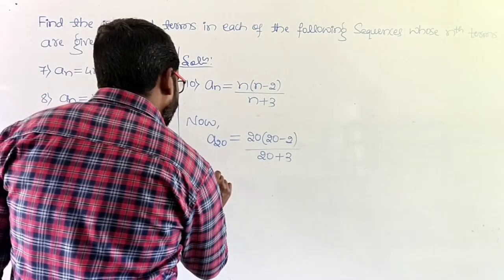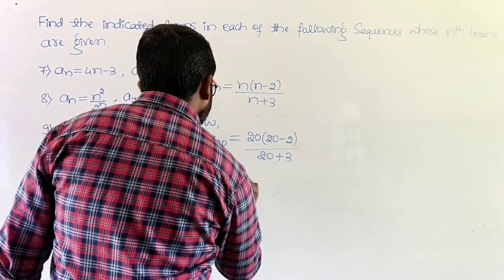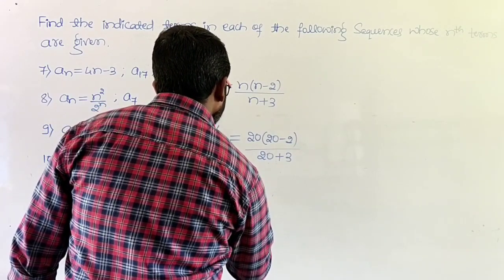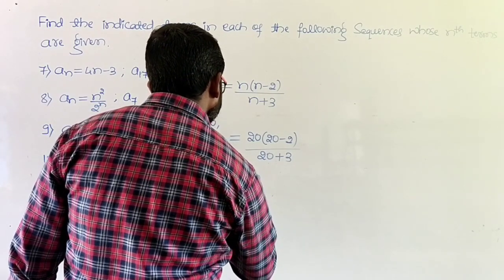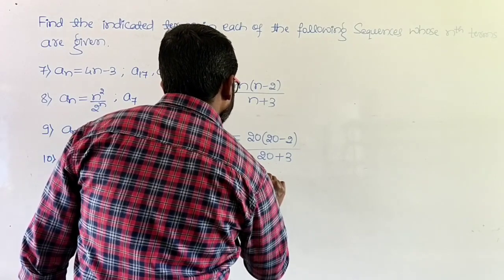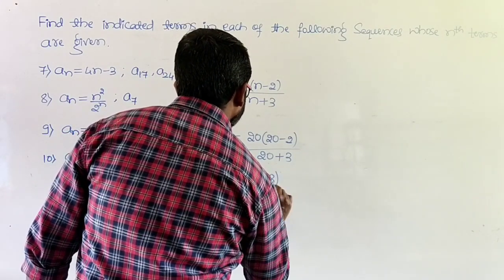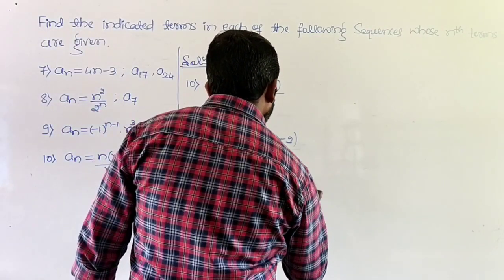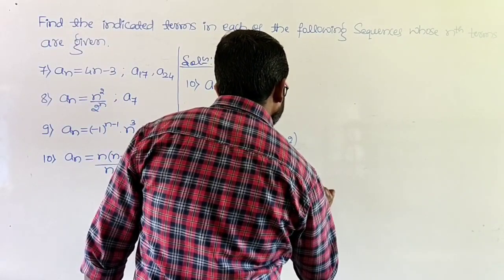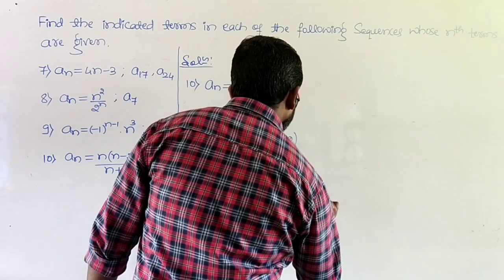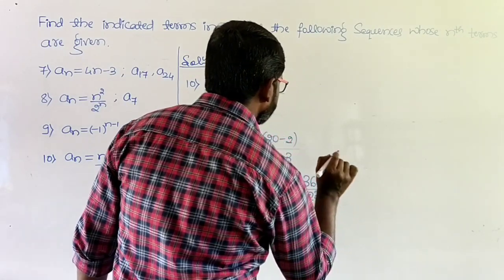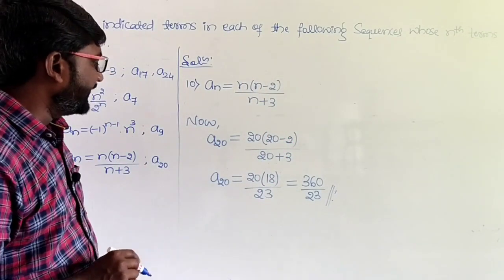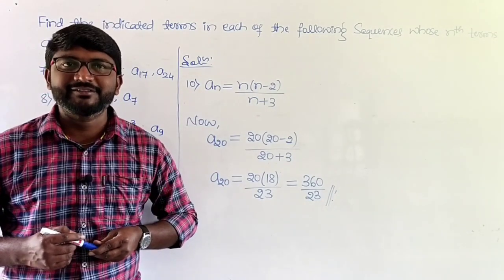Then a20 is equal to 20 into 18 divided by 23. So now 20 into 18 will be 360, divided by 23. So this is the final answer for a20. So this is all about today's class.